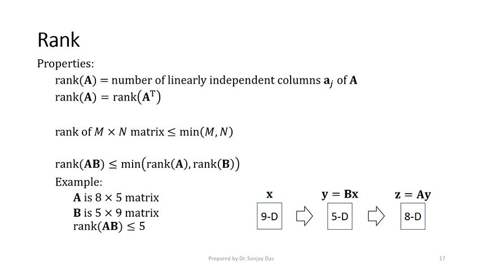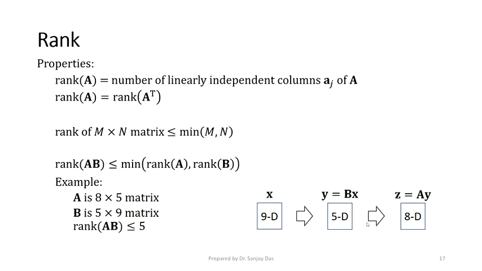From 9 dimensions to 5 dimensions. A lot of 9-dimensional vectors will map to the same 5-dimensional vector. Okay, so I'm getting rid of information. I cannot restore some of that information back when I multiply the result with A.